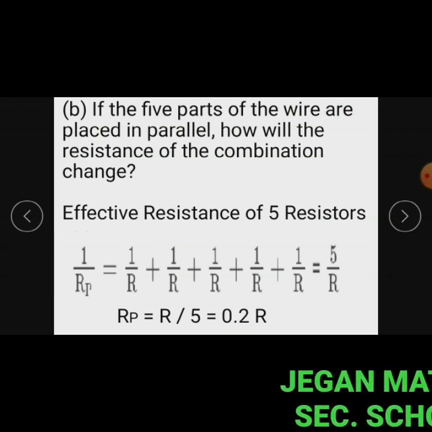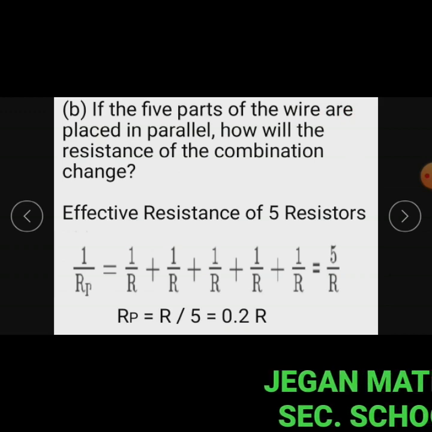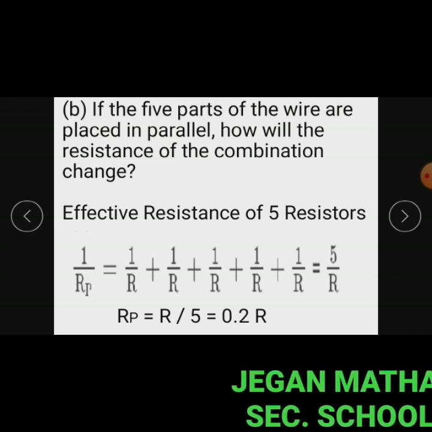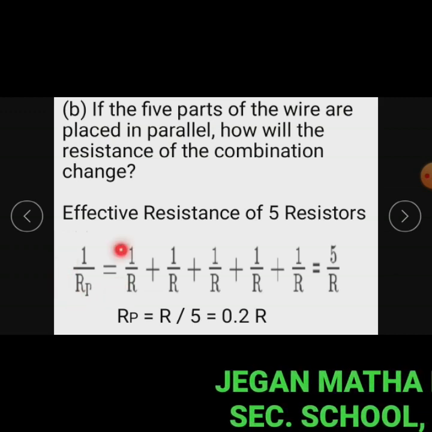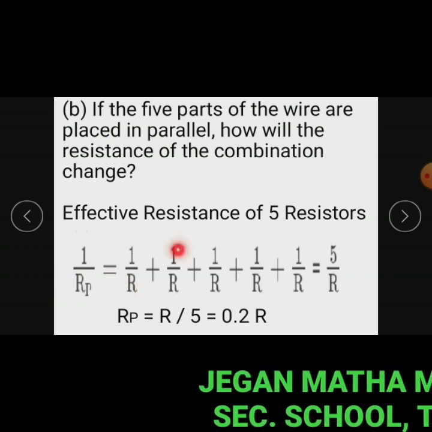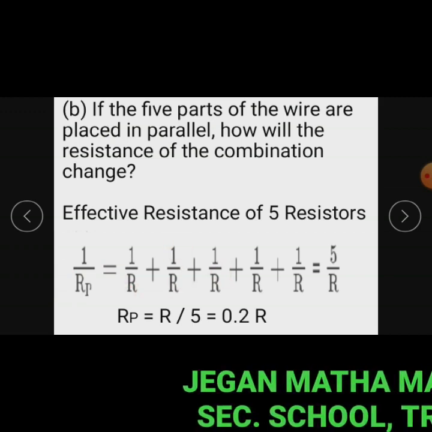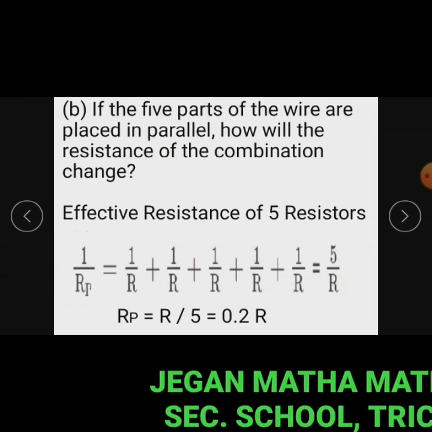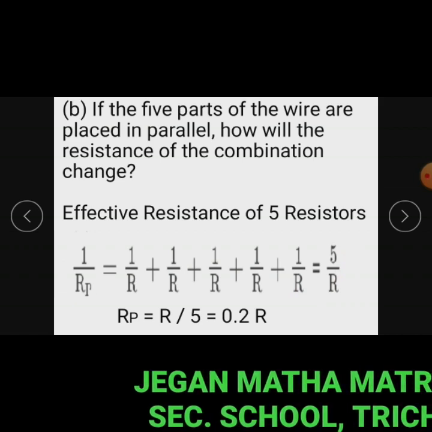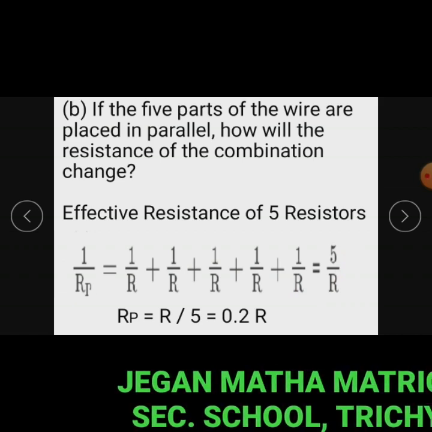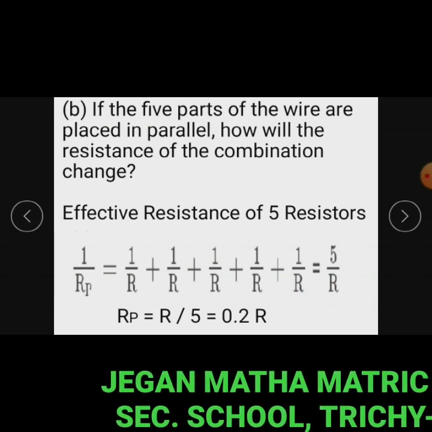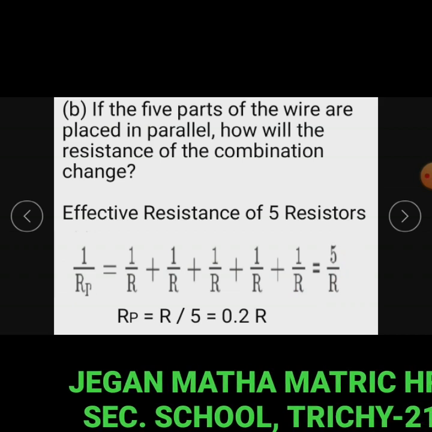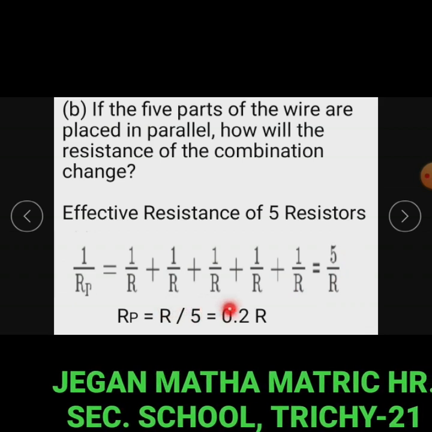The effective resistance of 5 resistors in parallel connection equal to 1 by Rp equal to 1 by R plus 1 by R plus 1 by R plus 1 by R plus 1 by R equal to 5 by R. Here the resistance of each part equal to R. So 1 by Rp equal to 5 by R. Rp equal to R by 5 equal to 0.2 R.